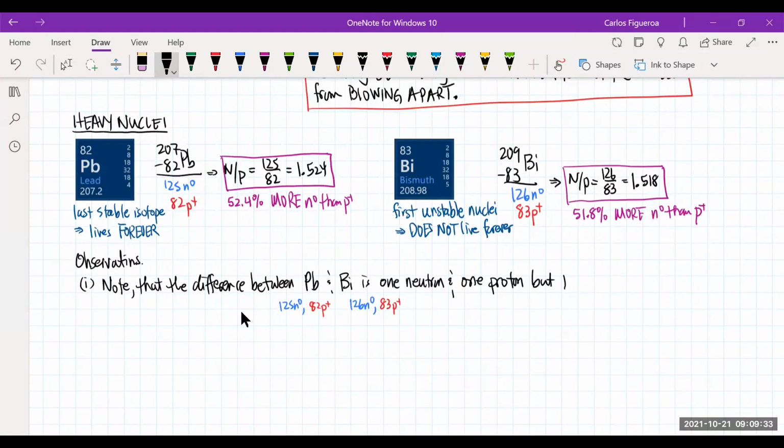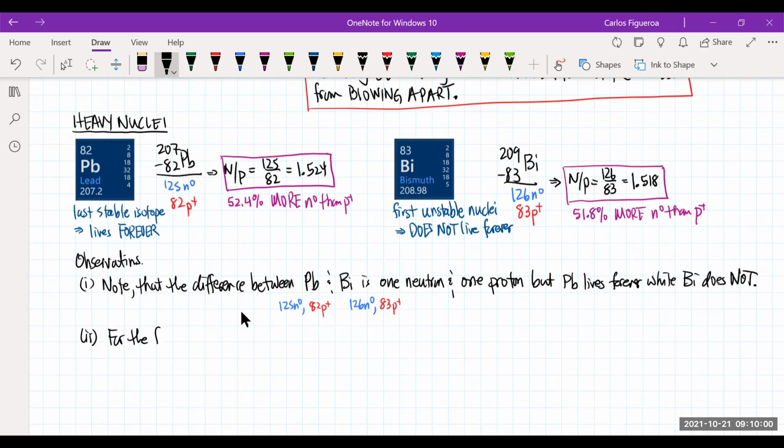But lead lives forever, while bismuth does not. So just those little things, those one proton, one neutron, which doesn't seem like a lot, but it is. And then here's the thing.